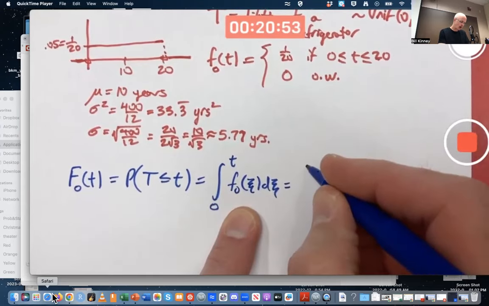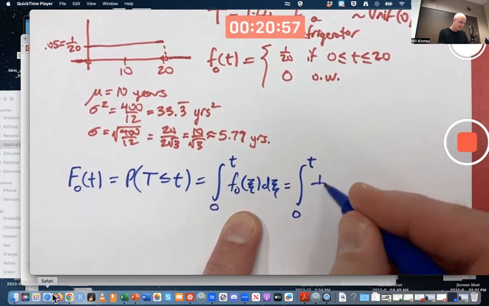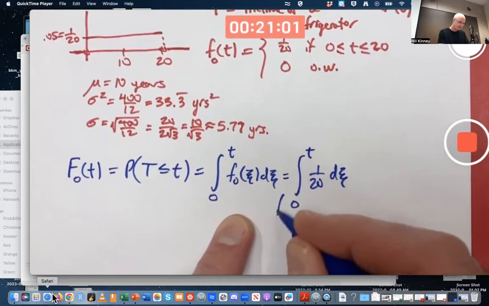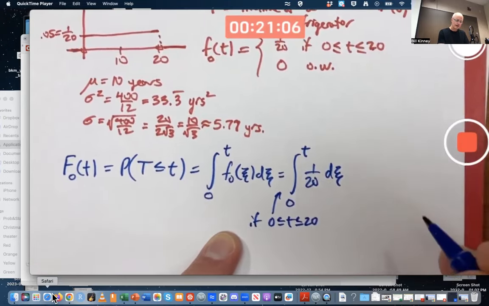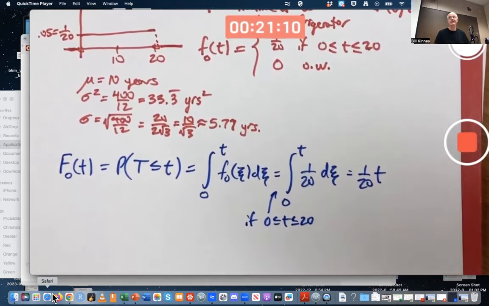And in the case where little t is between 0 and 20, I can write this. If little t is between 0 and 20, and get 1/20th t in the end, not 1/20th xi, because remember, you got to plug in the limits of integration.